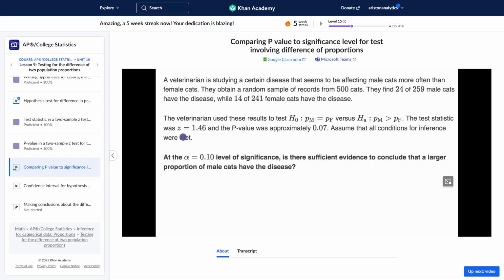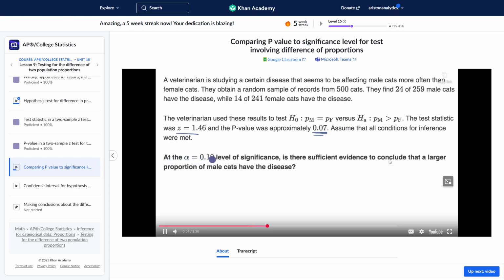The test statistic was z equal to 1.46, and the p-value was approximately 0.07. That's useful. They've done a lot of work for us. Assume that all conditions for inference were met. At the alpha equals 0.10 level of significance, is there sufficient evidence to conclude that a larger proportion of male cats have the disease? So pause this video and see if you can answer that.